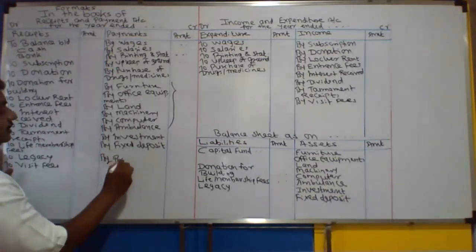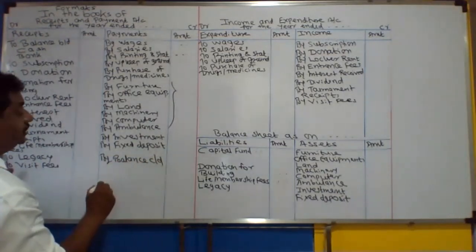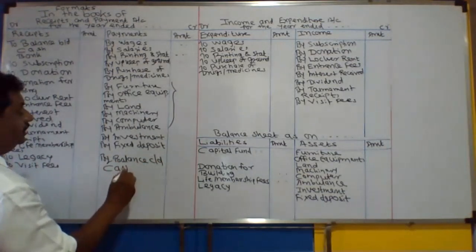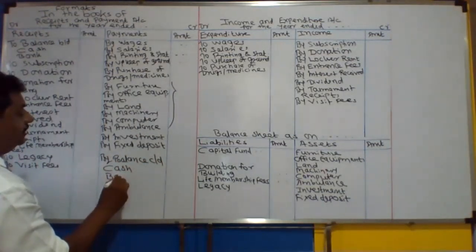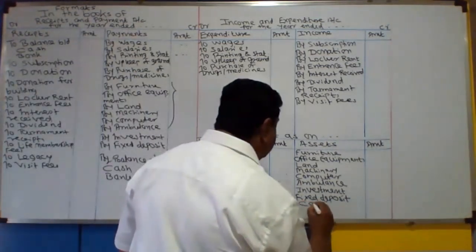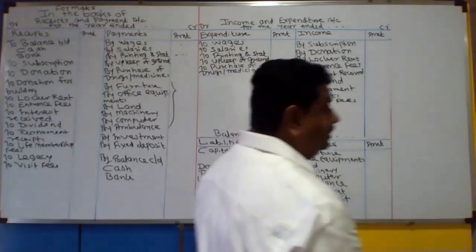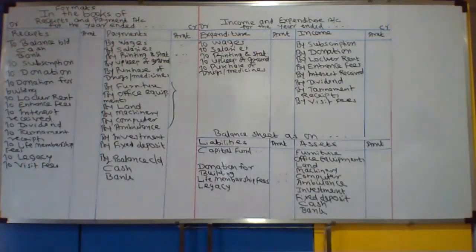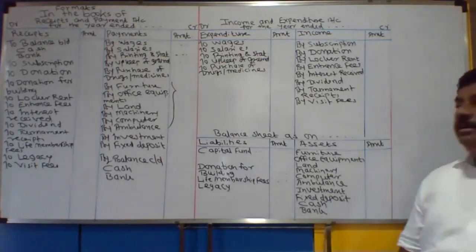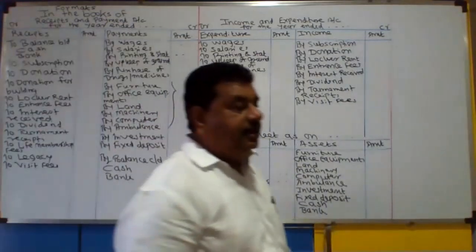Then finally, by balance carried down. This is a closing balance. Cash in hand and cash at bank, which is appearing in the balance sheet asset. Cash in hand and cash at bank. मतलब पेमेंट साइड में भी आएगा और बैलेंस शीट के एसेट में भी आएगा. कर लो. So in this way you can record.